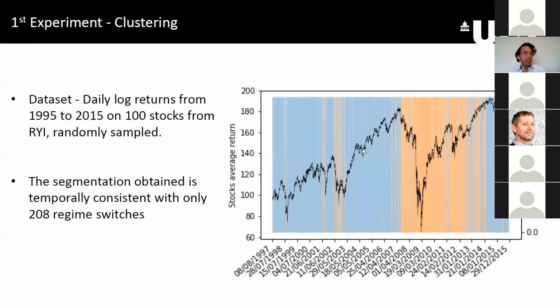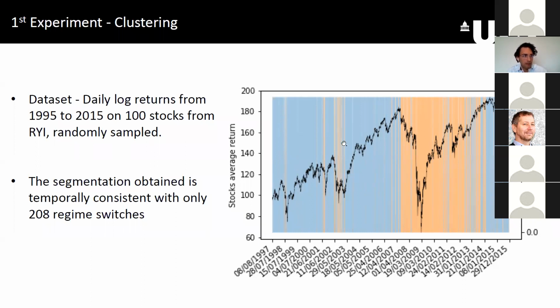What we obtained is what you see here. In this picture, you see the result. The time series charted is the average market return, so the average return on the 100 stocks that we picked. We clustered our sample using only 2 clusters here, and as you can see, first of all, a good thing, the result is pretty intuitive, right?